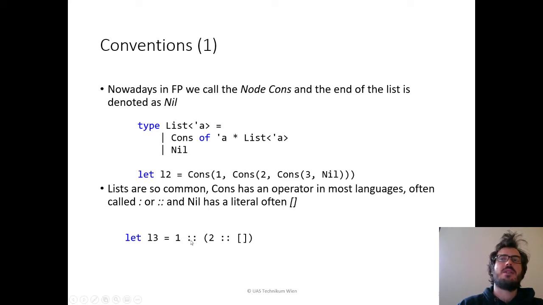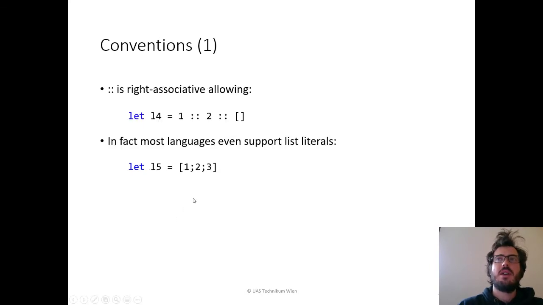However, the cons operator is typically right associative by default, which means that we can simply write it as such by neglecting the parentheses. However, since this is still not really comfortable, functional languages often have special support for list literals. So here, this L5 actually corresponds to the definition as such.